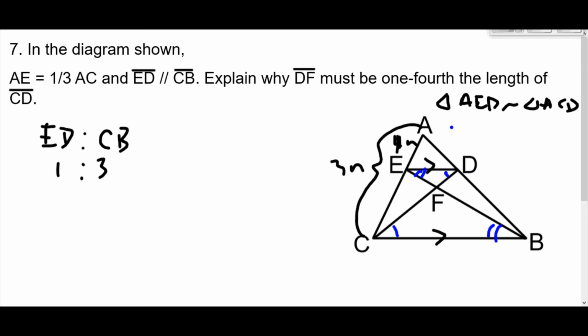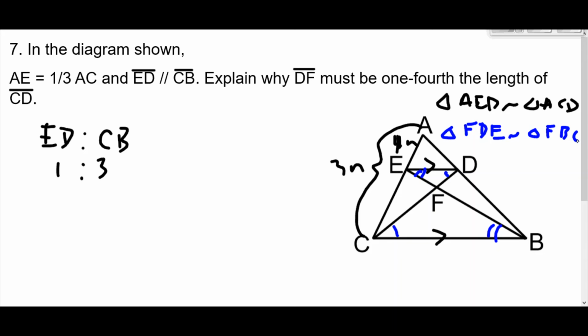So now we say triangle FDE is similar to triangle FBC. Okay? So now, well, triangles are similar. We know that the ratio of sides are going to be proportional.